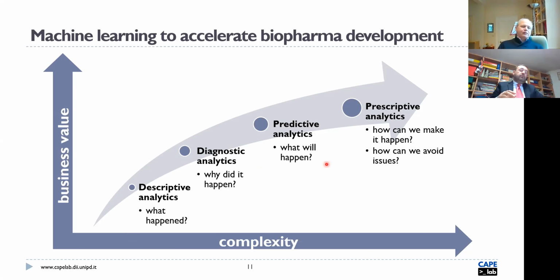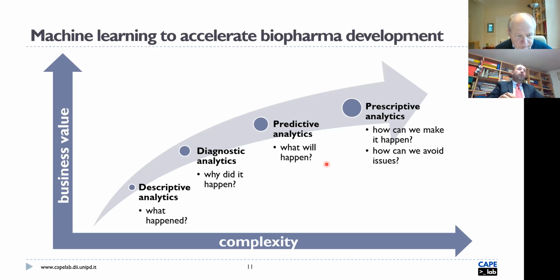So not only do we want to forecast what will happen in our system, but we also want to understand how we can make something we desire happen. For example, how could we manage the critical process parameters in our system in such a way as to guarantee obtaining a quality of a predetermined target profile?